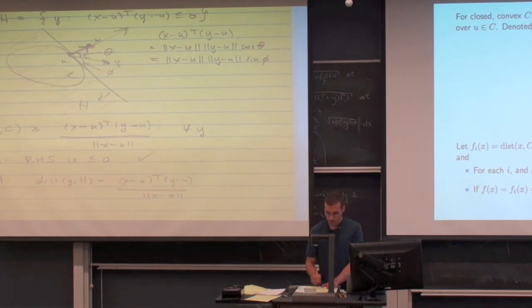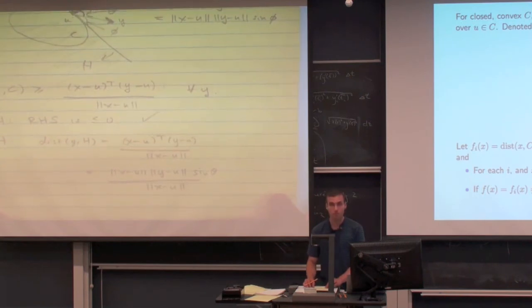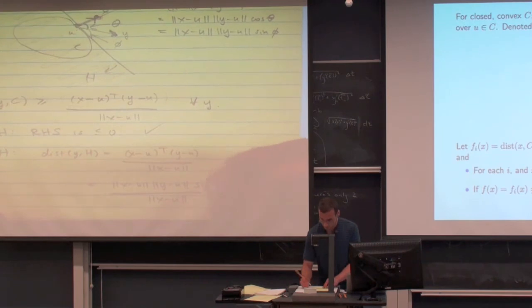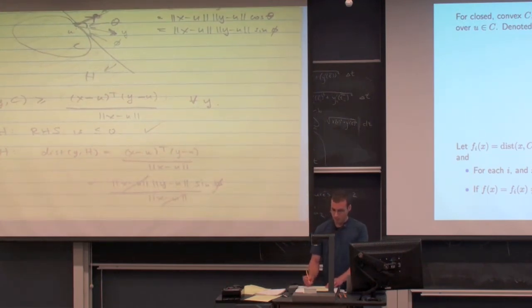Okay, so let's keep this picture in mind, and now go back to this expression here. If I just plug in what we just computed, sine phi, then these cancel, and I get the norm of y minus u times the sine of phi.